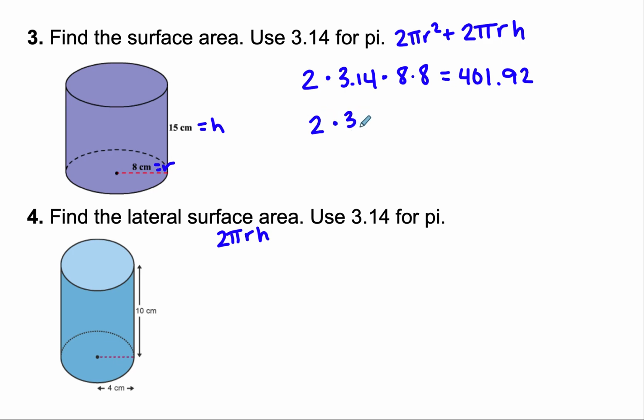Then I'm going to do my second part. Starts off the same, 2 times 3.14 times 8. This time it's 2 times pi times radius times height, and my height is 15. Okay, so 2 times 3.14 times 8 times 15 gives me a total of 753.6.